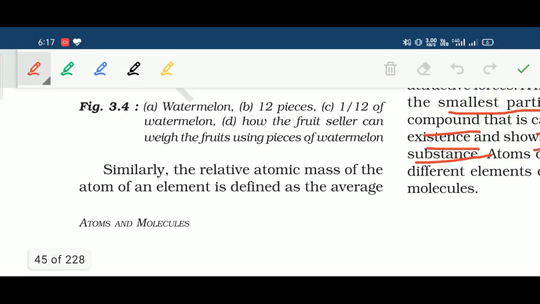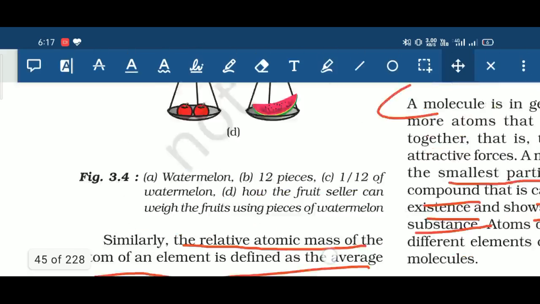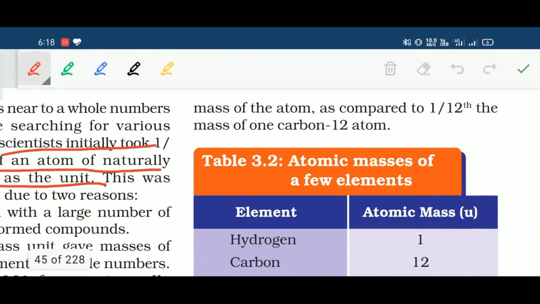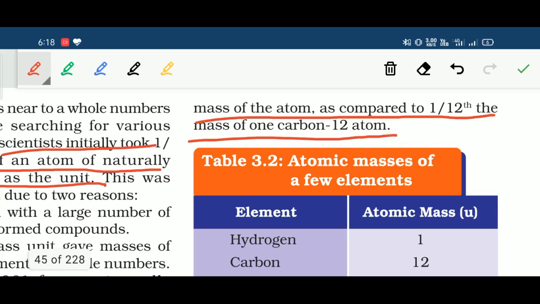So, in simple words, the relative atomic mass of an atom of an element is defined as the average mass of the atom as compared to 1/12th the mass of one carbon-12 atom.